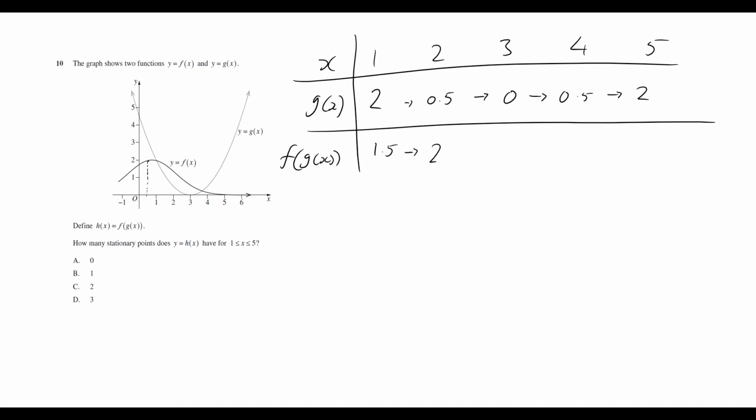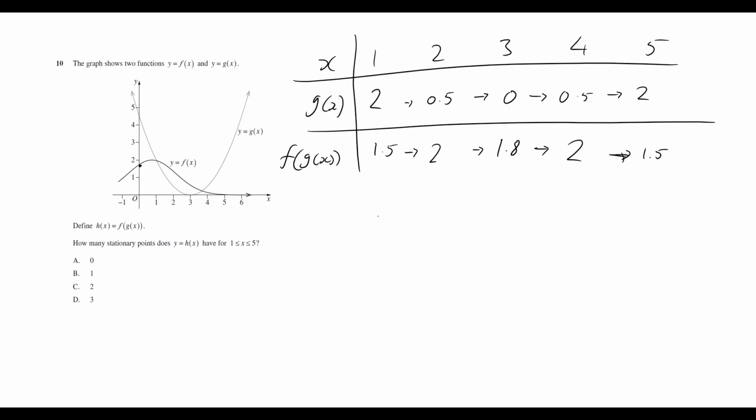So that goes into a 2. And now when we have a value of 0 being represented, that would be over here at this point. So when you input 0 into f of x, you get about, let's say, 1.8. So what else do we have now? 0.5, well, we've already seen that. That gives us the 2, and then the 2 will give us the 1.5.